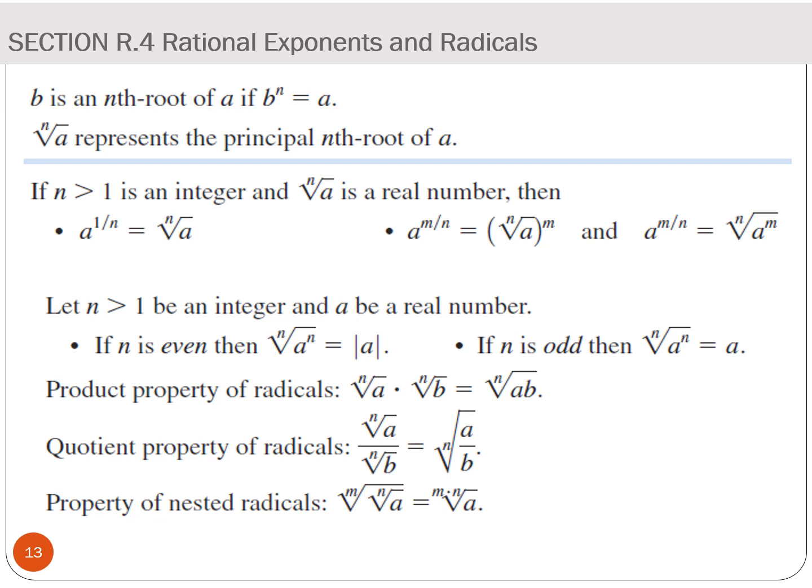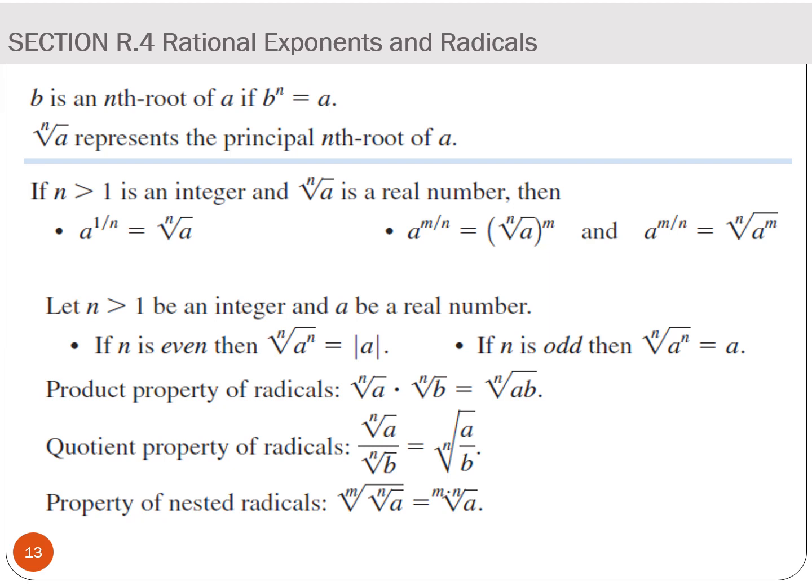Now we did say that whether n is even or odd, you may have more than one nth root. If n is greater than 1 and a is a real number, if n is even, you may have 2 roots, but every time you use this square root or the nth root symbol, you should take the positive nth root. The nth root of a to the n is equal to the absolute value of a.